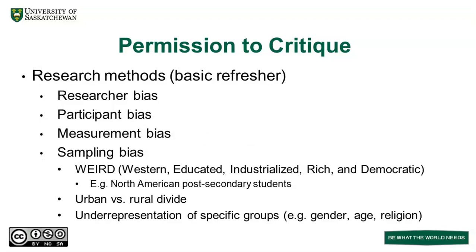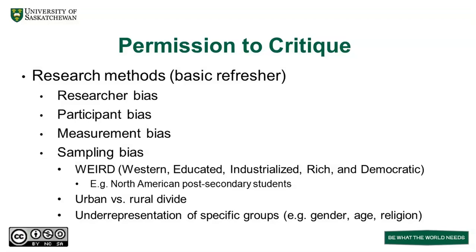So this is perhaps going to be a very basic refresher for most of you, but sometimes it's good to review. And this is going to be informed by any research methods courses that you might have taken in the past. Again, one of the intents, I think, of a research methods course is to highlight different possibilities for bias: researcher bias, participant bias, measurement bias, sampling bias.